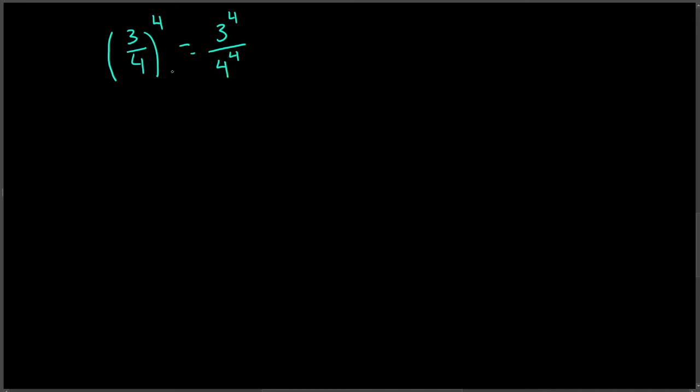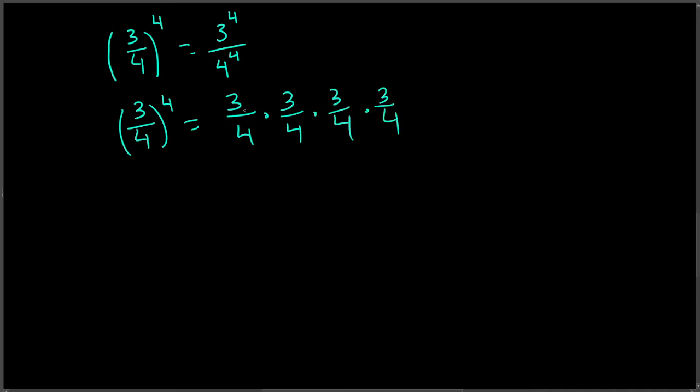All right, so let's write it out to see why that's happening. So 3/4 to the 4th is the same as multiplying this out 4 times. And so the upstairs becomes what? 1, 2, 3, 4 multiplications of 3.